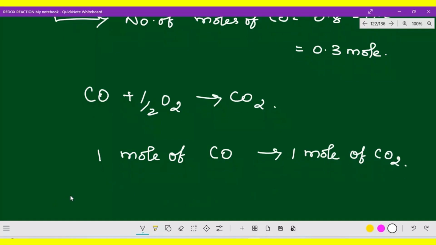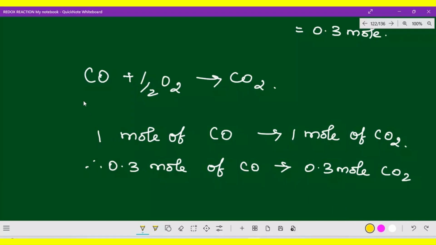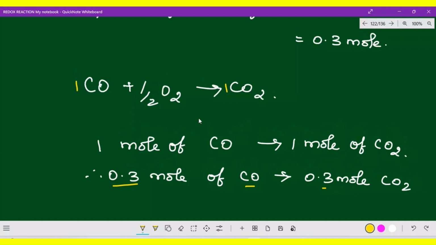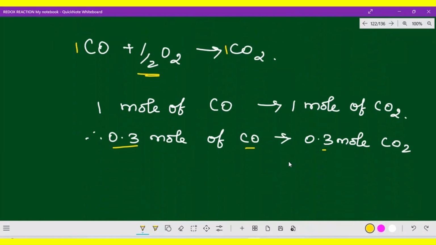Therefore 0.3 mole of carbon monoxide, how much can it provide? 0.3 mole of carbon dioxide. I hope you got the clarity. The same way, 0.3 mole of carbon monoxide can provide 0.3 moles of carbon dioxide. Here, oxygen I did not bring; only the carbon monoxide to carbon dioxide ratio I brought.